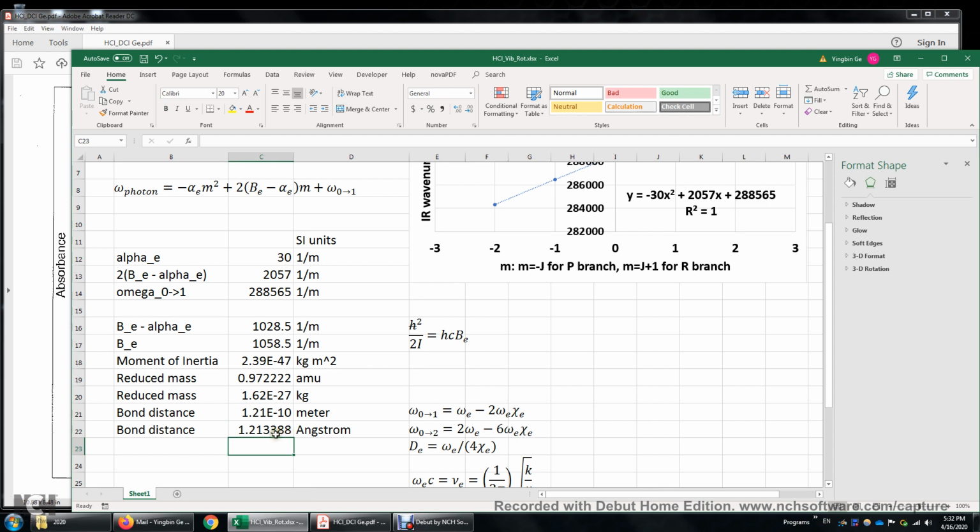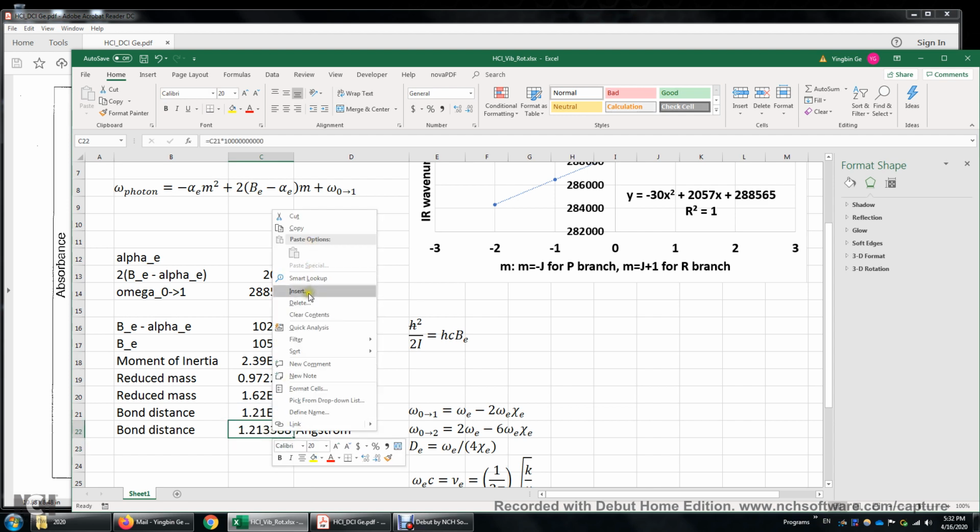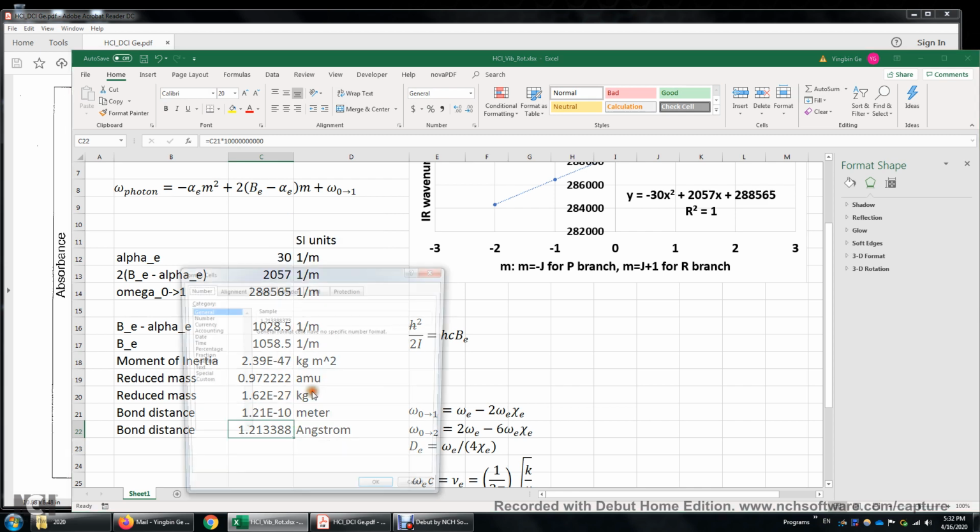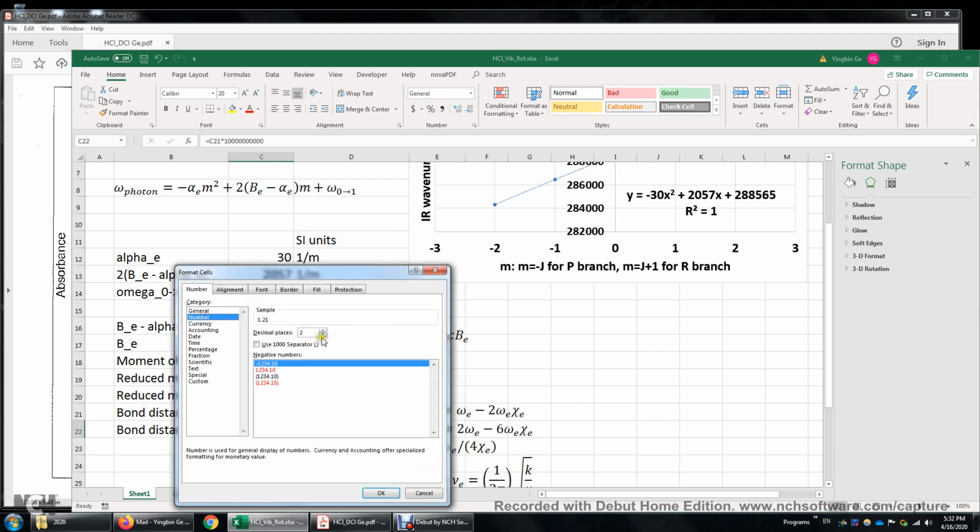So this is what we have. It's about 1.2 angstroms. What I will do is I will change the number of sig figs.